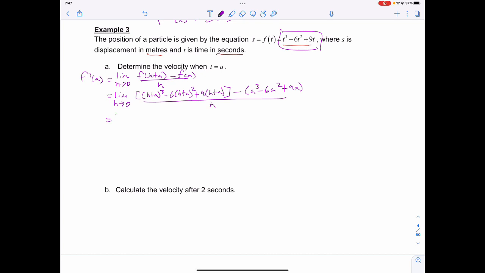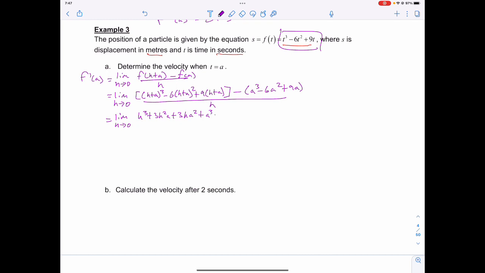I'm going to expand this all out, being careful with the h plus a cubed, which is going to give me h cubed plus 3h squared a plus 3ha squared plus a cubed.